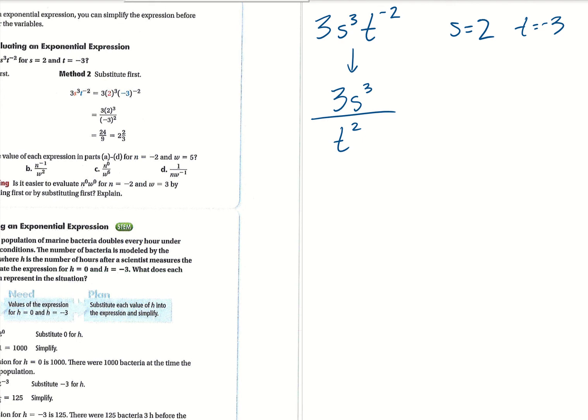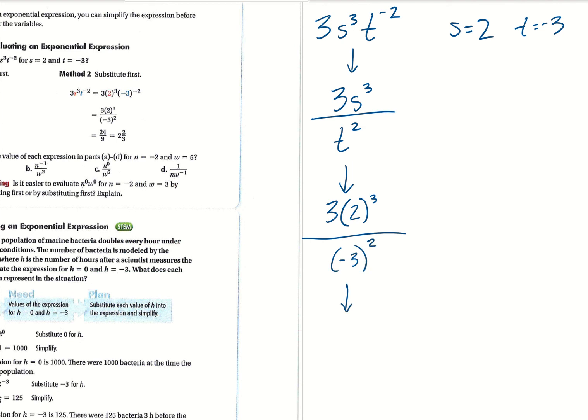All right. And then from there, I just plug in. So that's going to give me 3 times, we're plugging in 2 for s to the third power over t, which is -3, and that is to the second power.